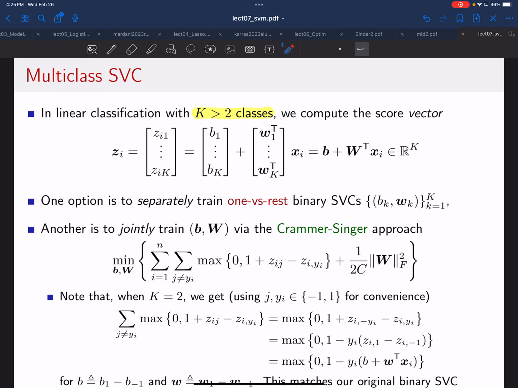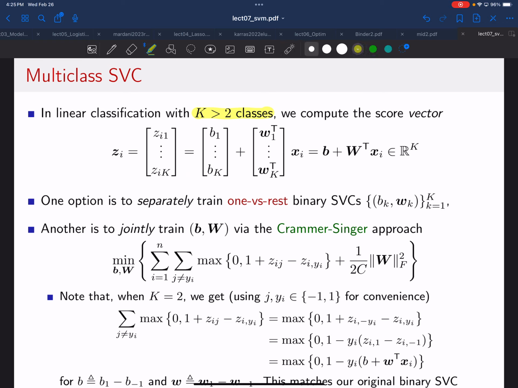Essentially, the B scalar is now replaced by a k-dimensional vector where capital K is the number of classes, and the W vector is now replaced by a matrix where every row gives us the one versus rest weight vector. Basically, this is class 1 versus the rest, this is class K versus the rest, and so on. So now we need to figure out how to design the B vector and the W matrix, or essentially all those terms there.